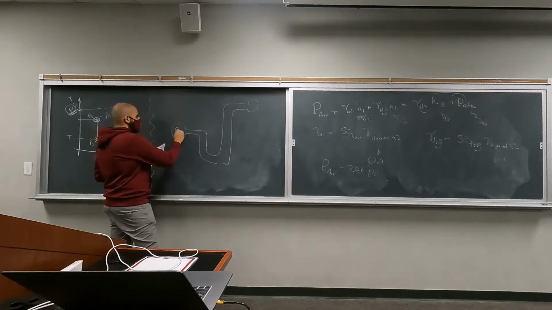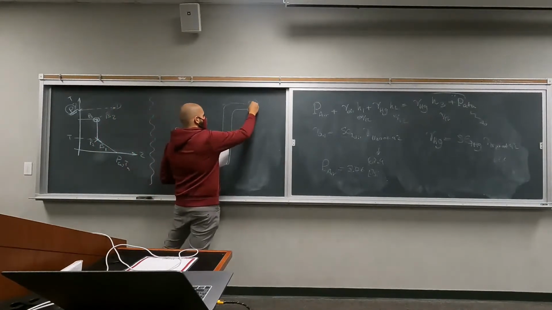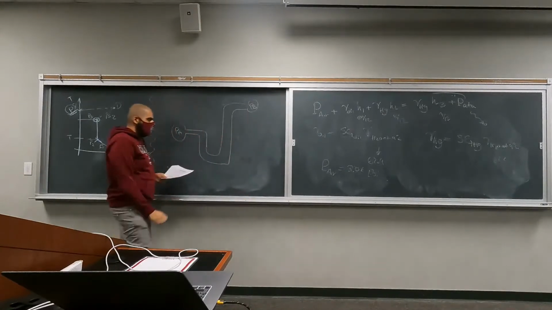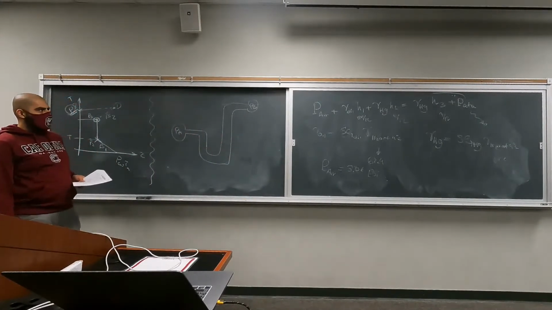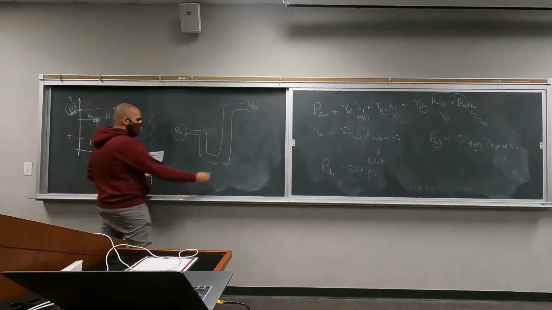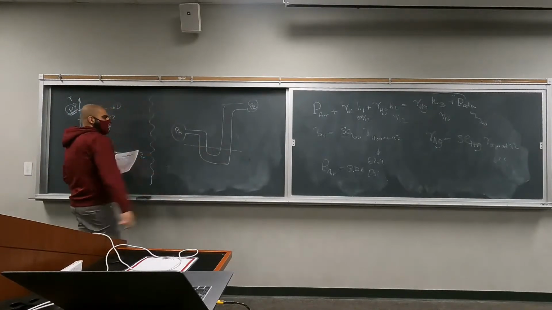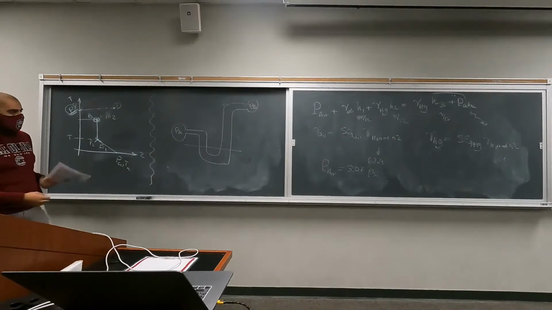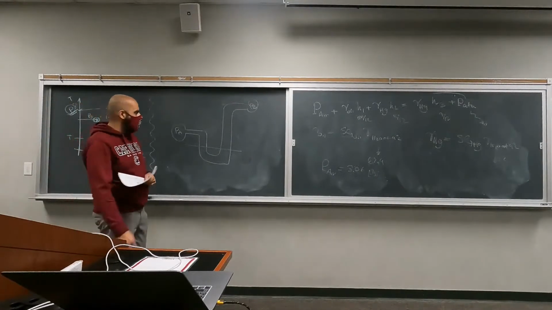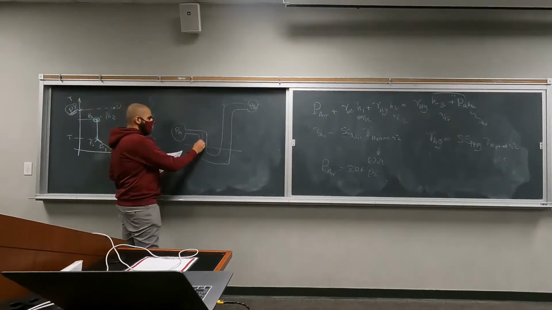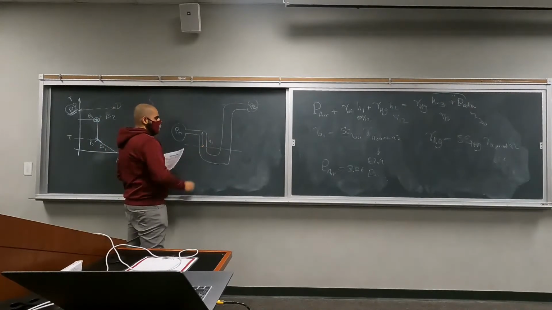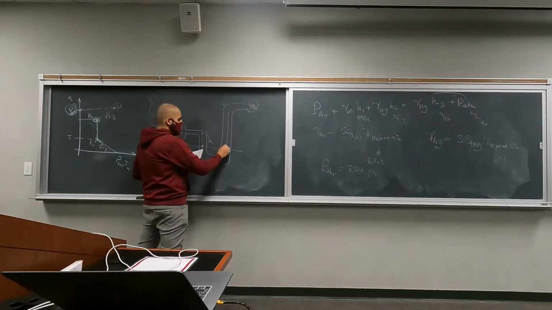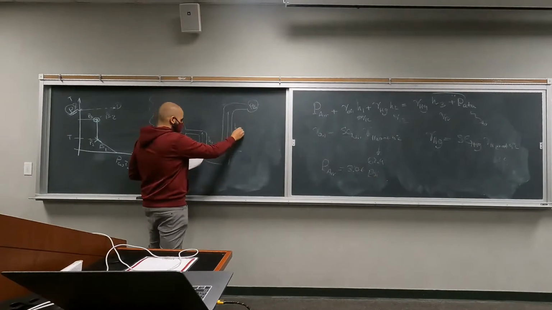We want to find PA minus PB. The first thing we need to do is find a level height location, the same height location in the U-tube manometer, right? Find heights H1, H2.